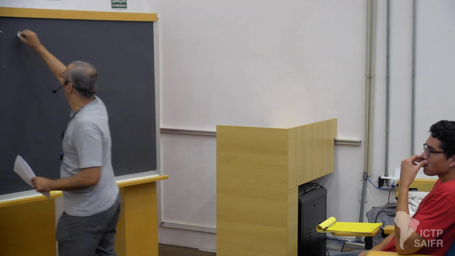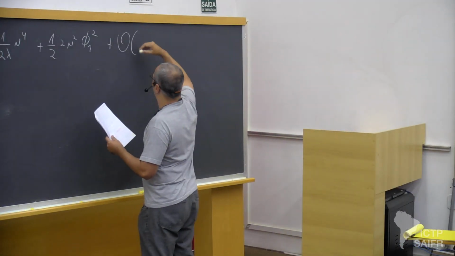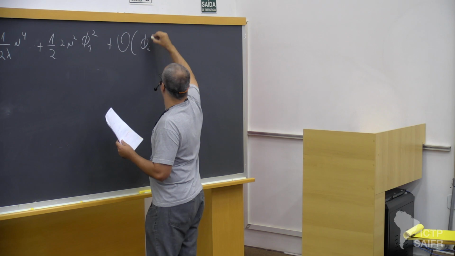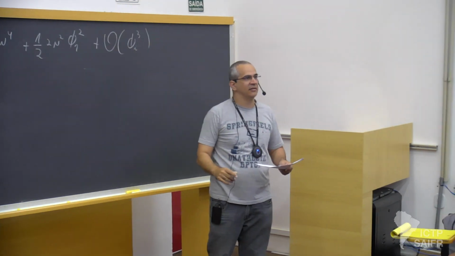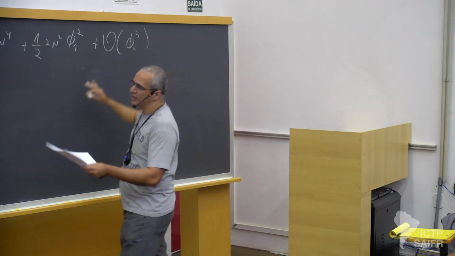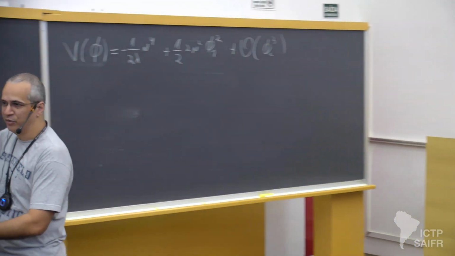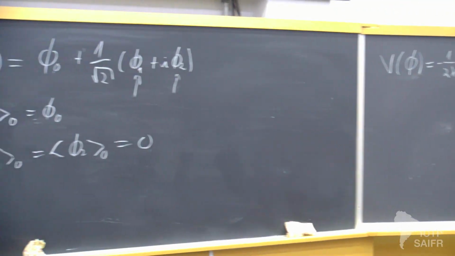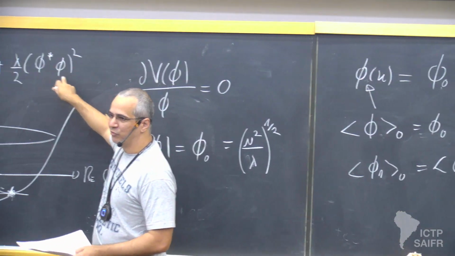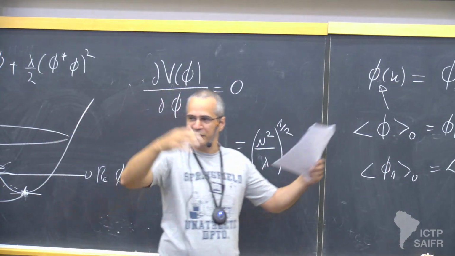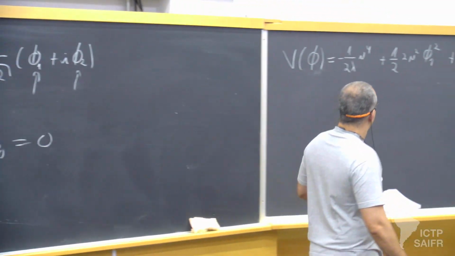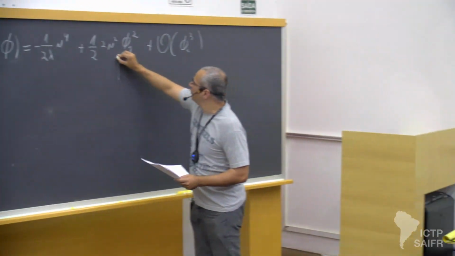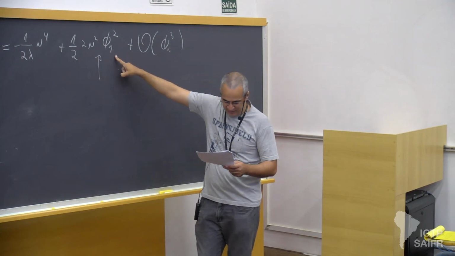And then there are higher order terms, cubic or more in these two guys. These are the interactions between phi 1 and phi 2. I don't care too much what they are. You see, here I have both fields to the fourth, so I can have even interactions to the fourth power between those guys. Okay? But the important point here is that you get a massive phi 1.